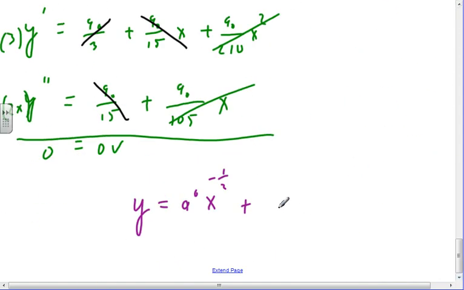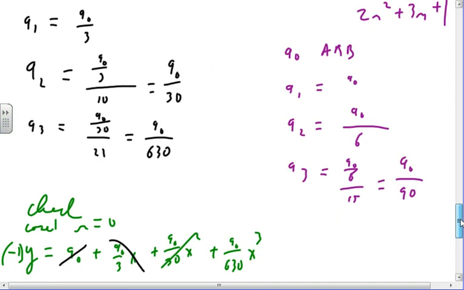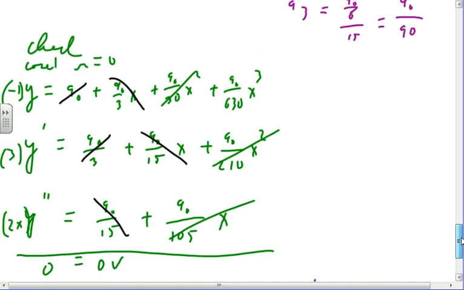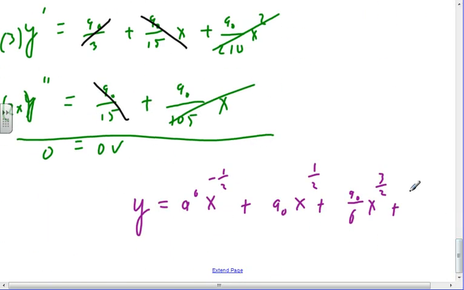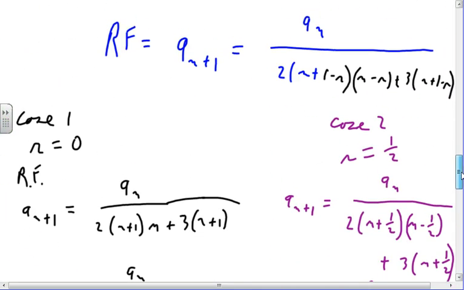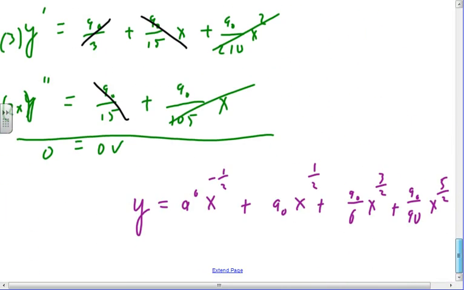A0 again, a0 x to the 1/2 plus a0 over 6 x to the 3/2 plus a0 over 90 x to the 5/2. Okay, is that what I really have? R is equal to minus 1/2, and I'm doing minus r. So that's what I really have.